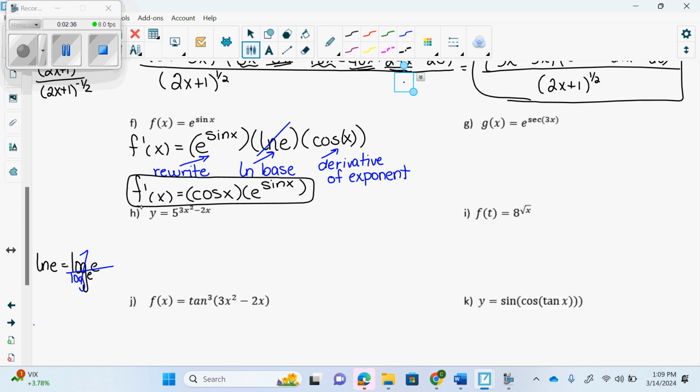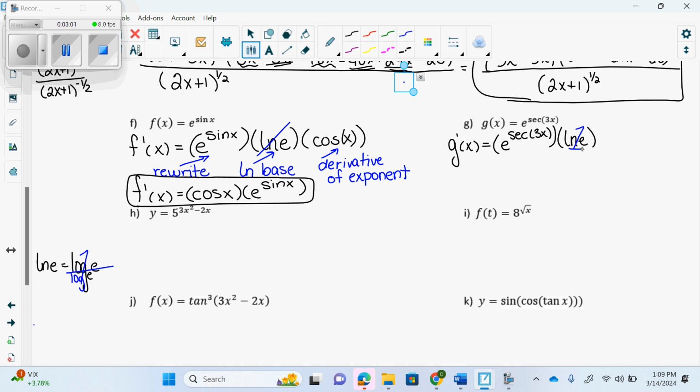So let's look at this one. It's e to the secant 3x. So g prime of x, it's a numerical base, e is a numerical base, and there's a variable in my exponent. Whenever that happens, I will rewrite it as my first step. Ln the base, so ln e, which becomes a 1.